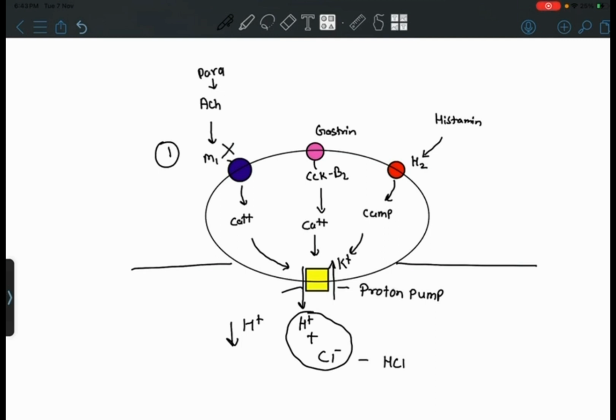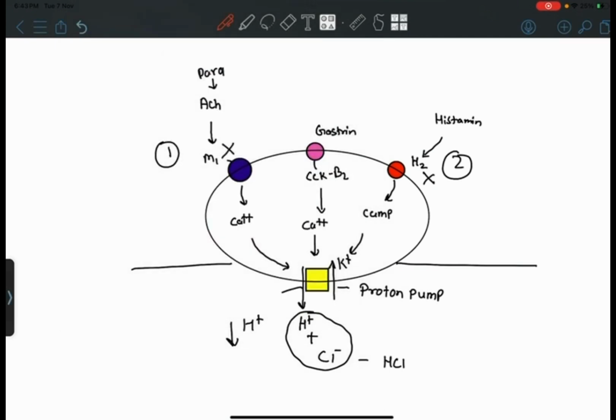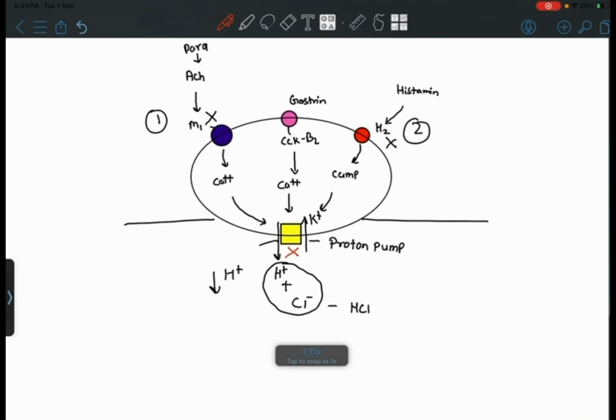If we inhibit this, cAMP will not be increased and it will not stimulate the proton pump. Then we have one more category of drug which is considered the most potent, which will directly inhibit this proton pump. One by one we will see the drugs.